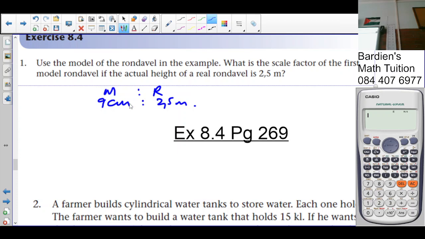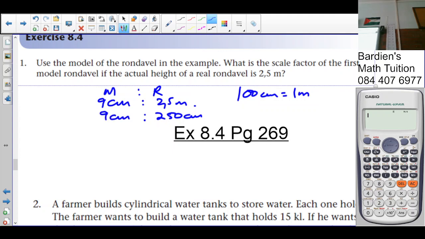So you either convert both to centimeters or both to meters. I wasn't going to convert to meters, otherwise I'm going to work with decimals, so let's convert everything to centimeters. 100 centimeters equals 1 meter. Right. So 9 centimeters is to, you multiply this by 100, I get 250 centimeters. Can you see that?